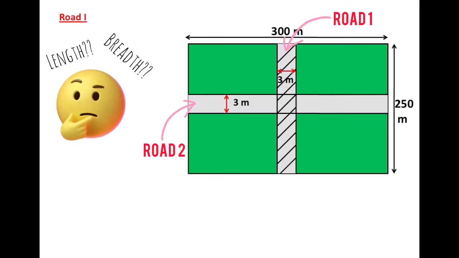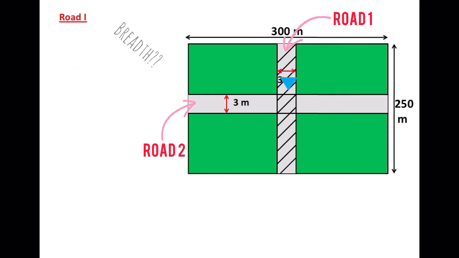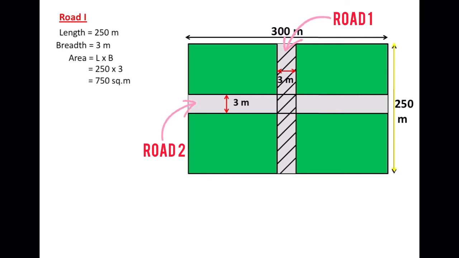As you can see, road 1 is running parallel to the breadth of the rectangular plot, so the length of road 1 is equal to the breadth of the rectangular plot, that is 250 meters. And the breadth of road 1 is given to us as 3 meters. Hence area of road 1 is equal to 750 square meters.